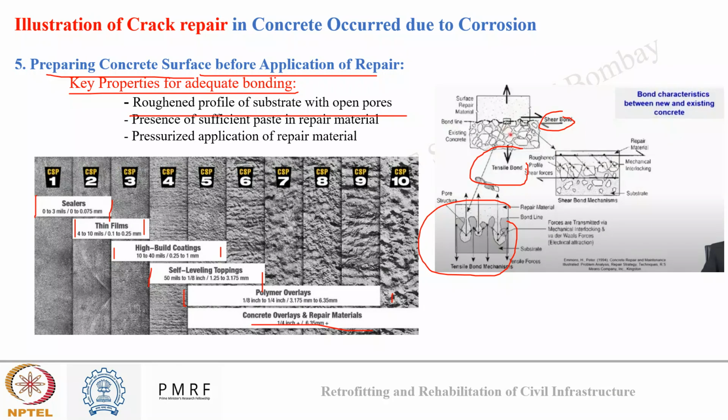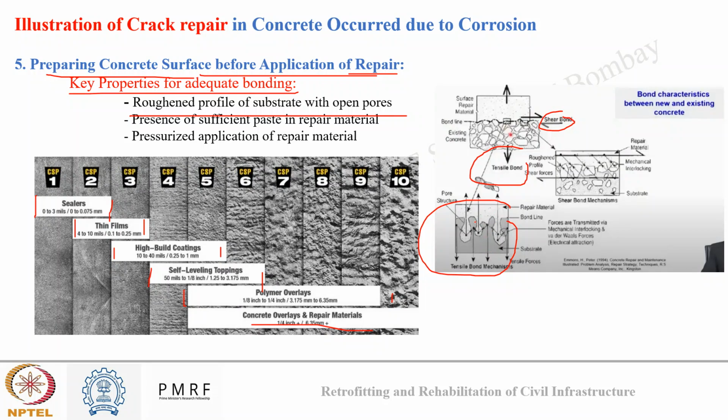In this image, you can see how a rough surface will bond properly with the new material. Once we have reached the proper roughness profile of the substrate, I will make sure that the repair material I am using has sufficient paste in it, so that it can easily fill the pores of the substrate and interlock with it.